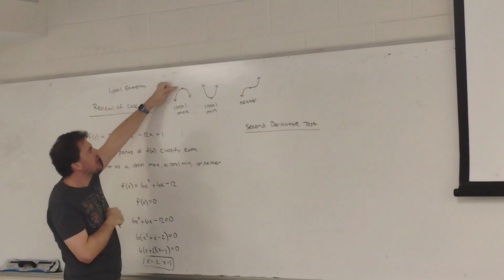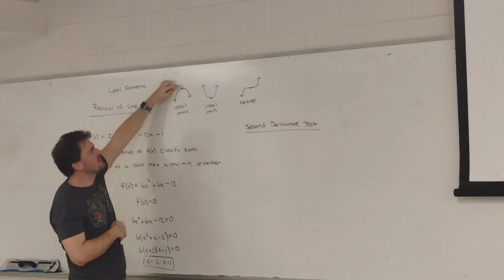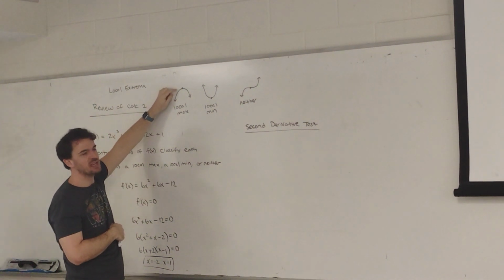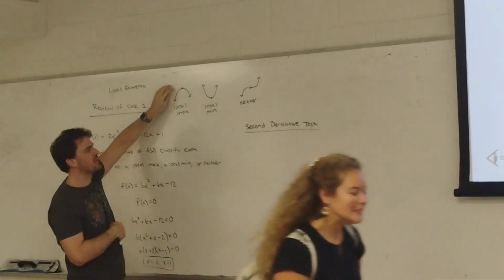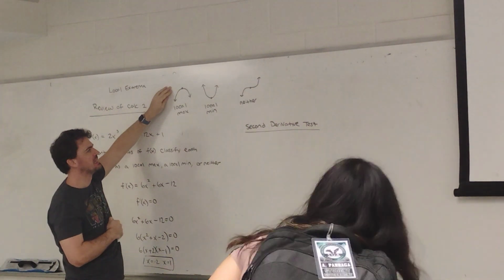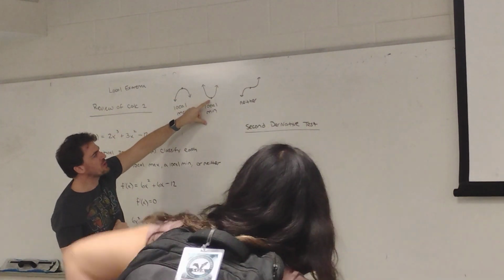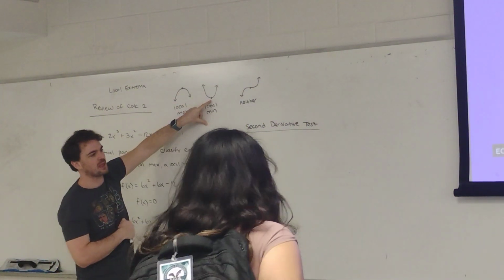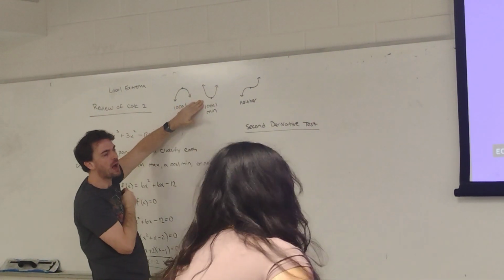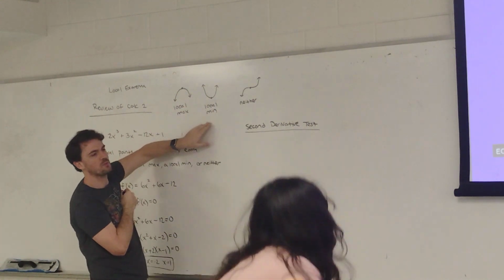So in Calc 1, we realize that if the first derivative equals 0, and the second derivative is negative, then you have a local maximum. If your first derivative equals 0, but now you're concave up, so your second derivative is positive, that would be a local minimum.